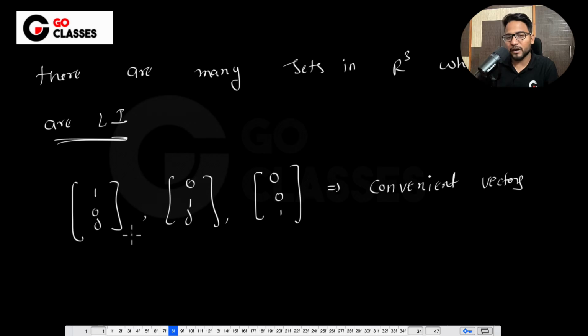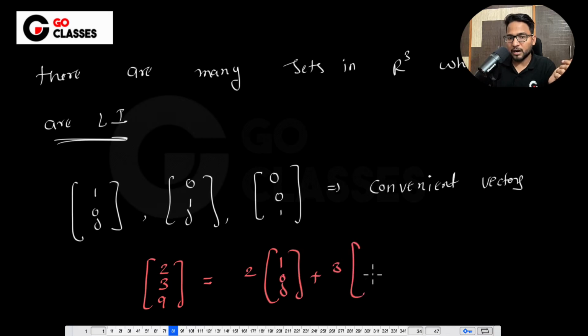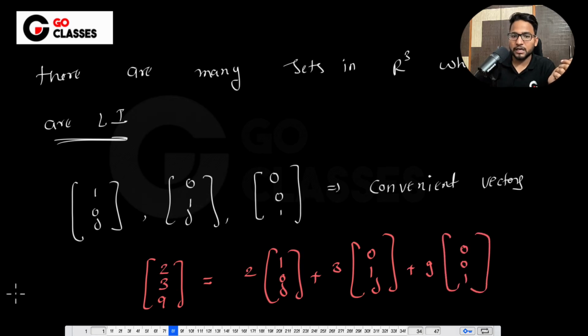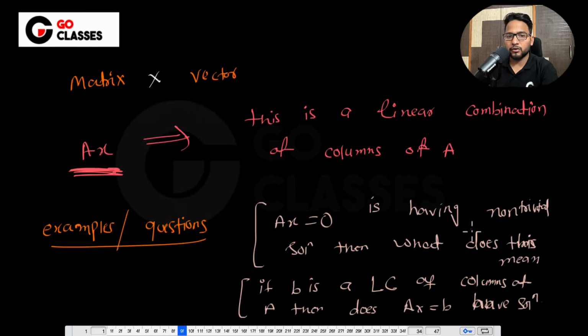This is just 1 and 0, and I can do the calculation very easily. If I want to represent any vector, let's suppose 2, 3, 9, as a linear combination of these three vectors, then finding the coefficients is very convenient, right? You know the whole story of how to find the coefficients. This is how you can directly write the coefficients, which are also called coordinates in our coordinate system. Anyway, these are just convenient vectors that I wanted to convey.